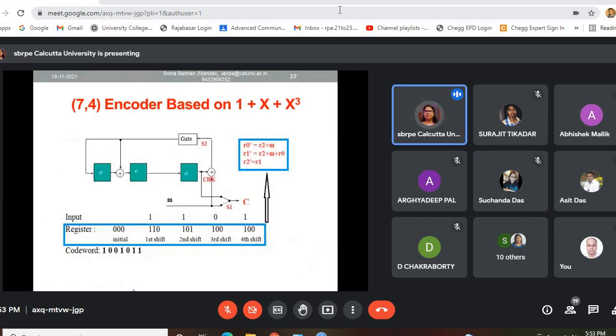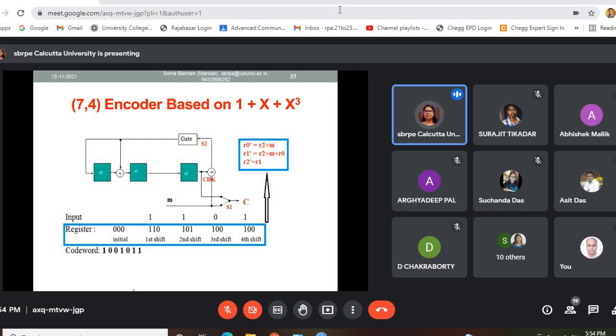Now if I take an example, a 7-4 encoder based on the polynomial 1 plus x plus x2, the same generator polynomial g(x). For this case, initially we are considering all the shift registers are 0.